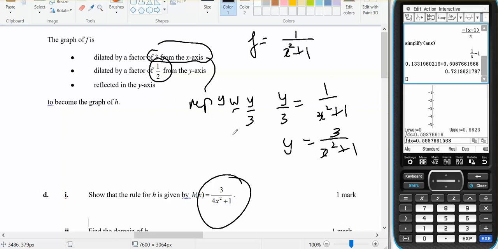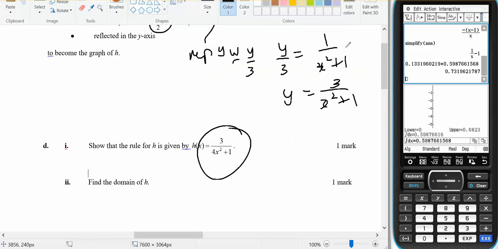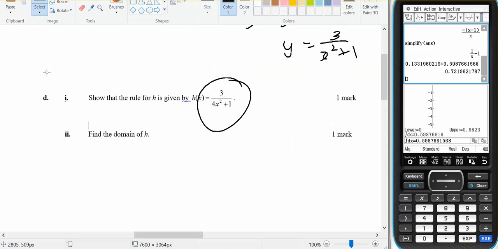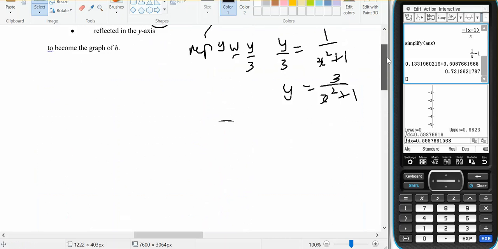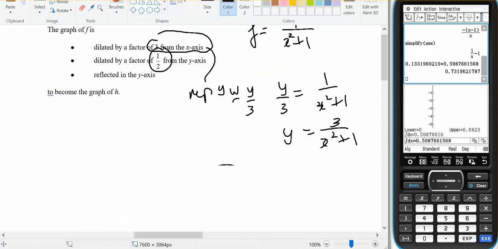Dilate by a half from the y-axis, then you replace x with 2x.